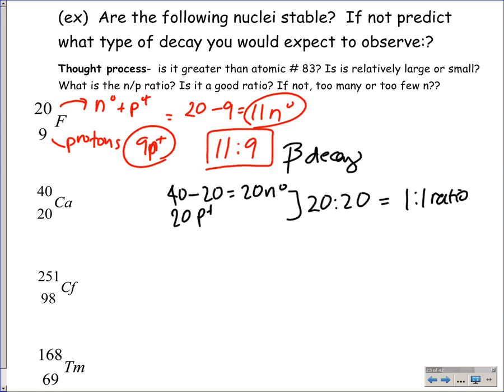So doing that math out, 20 to 20, it has a 1-to-1 ratio, and this is a very stable nucleus. That's a fairly small nucleus, so it should have a 1-to-1 ratio of neutrons to protons.